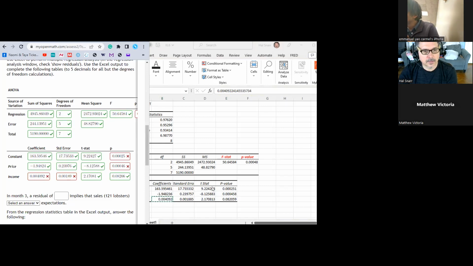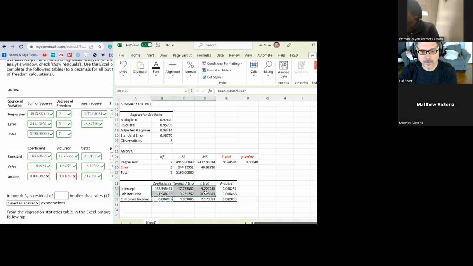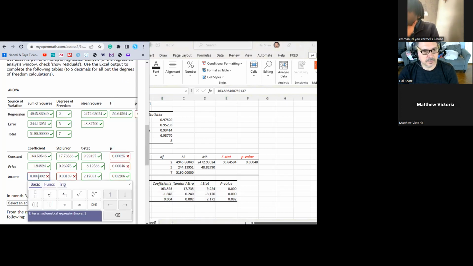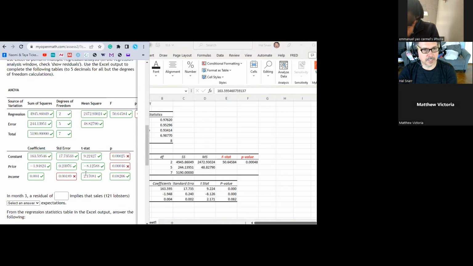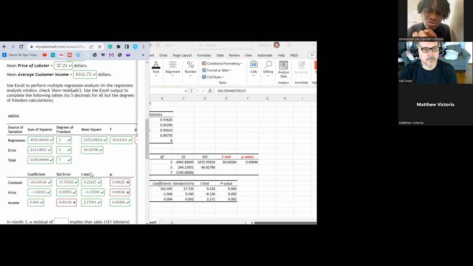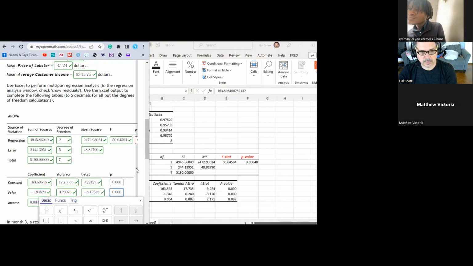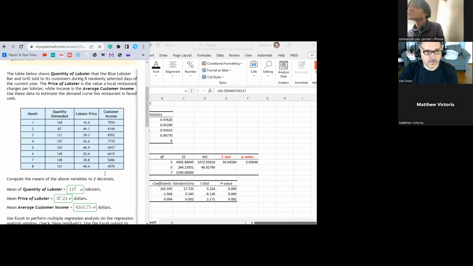I have some correct, and then the p-value. Maybe I changed the decimal places. Okay, I guess I'm doing 3 decimal places. Yeah, and also the standard error, the last one. Yeah, change them to 3 decimal places. Looks like 3 decimal places works. Yeah, that's weird.